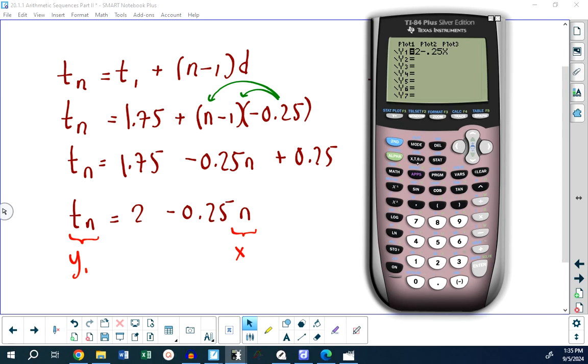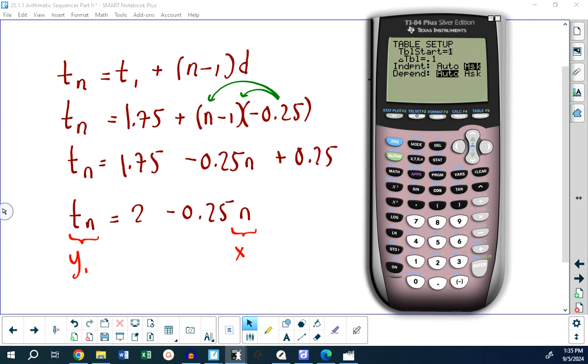What we want to do is go to table set. So instead of going to window, go second window and you'll be in table set. And we want to have a table start. This will make sense to you in a minute. We want to have a table start of 1, and this refers to values of x.